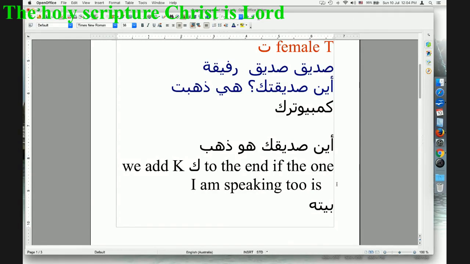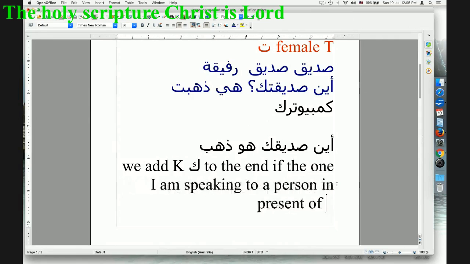Let us say I'm speaking to him directly. So I'm speaking to a person directly and he is present in front of me. I add the ka to it, and that will make whatever I'm talking about, an object, belong to him.